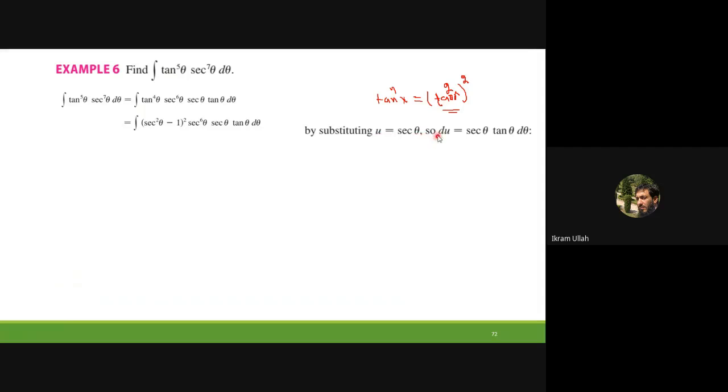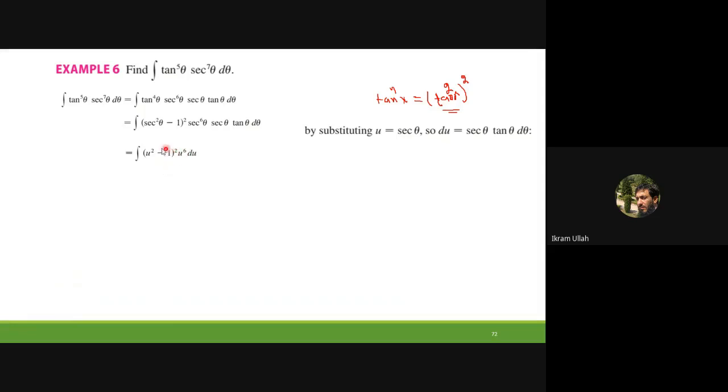The differential of secant theta is secant theta tangent theta d theta. So using that, and secant square theta is u square, this will become u square minus 1 whole square, and here u to the power 6 will come, and in place of this term we put du.